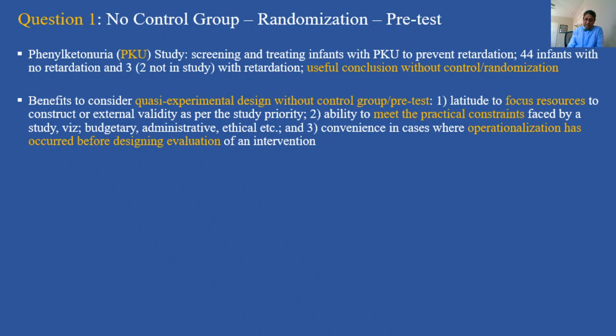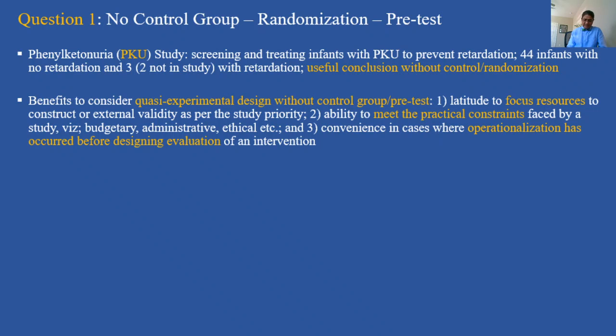Actually, two of those showed some sort of retardation, and one showed severe retardation. So it was deduced that the intervention was effective in reducing or eliminating the possibility of retardation in infants born with PKU.